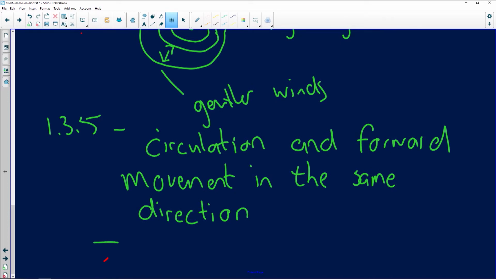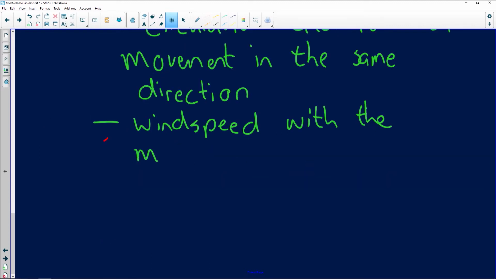And it's basically the wind speed with the movement of the tropical cyclone.